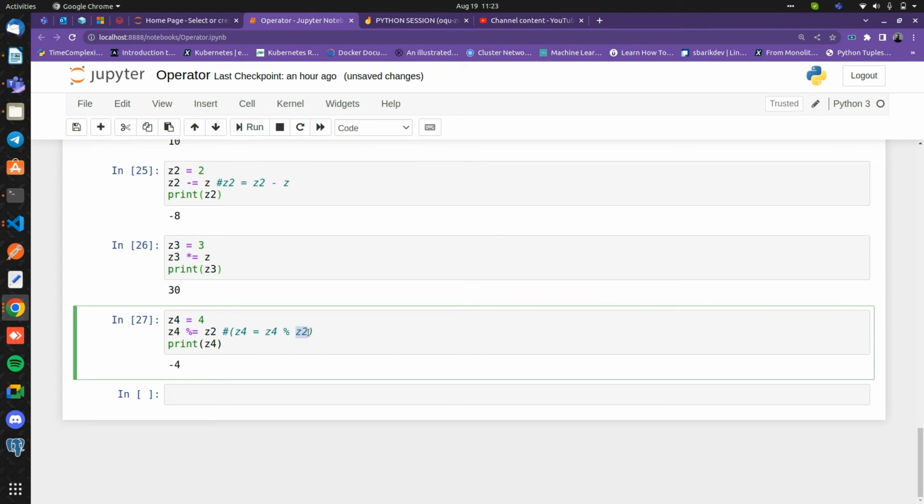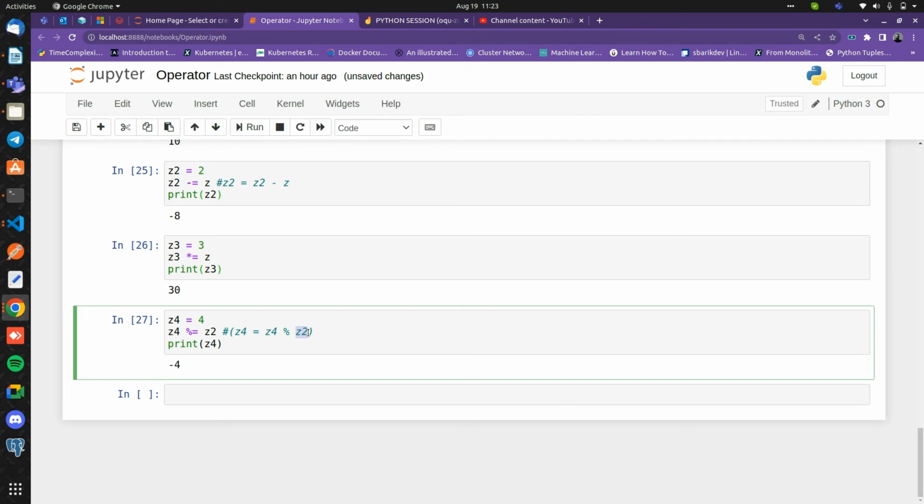Always remember that whenever we use the remainder sign with the assignment operator, with the smallest number, then it will always give you the smallest number as an output.